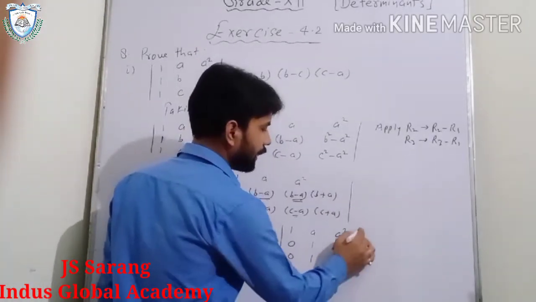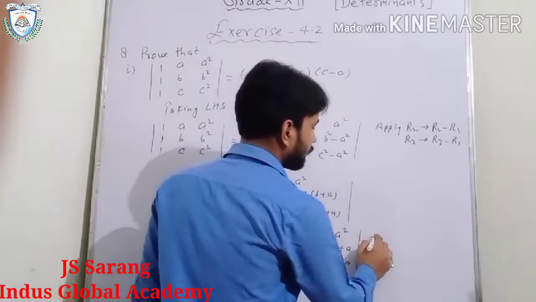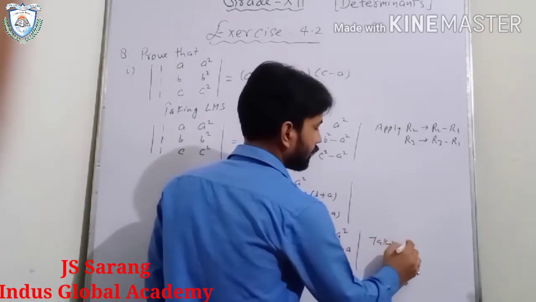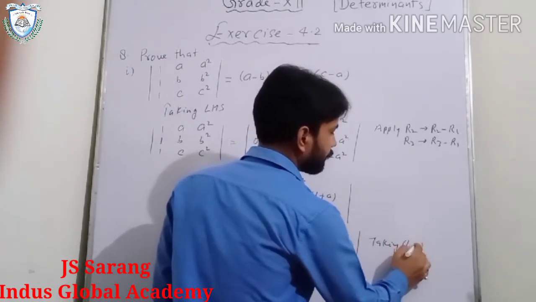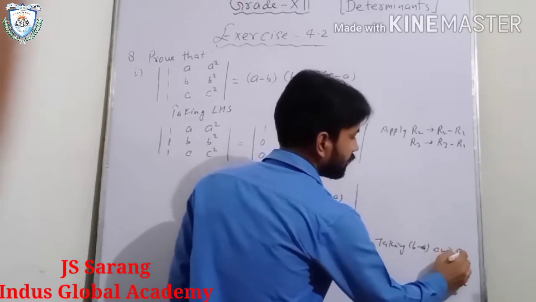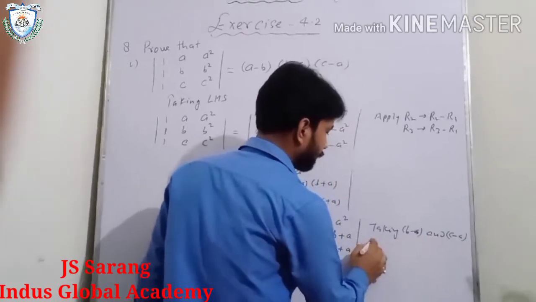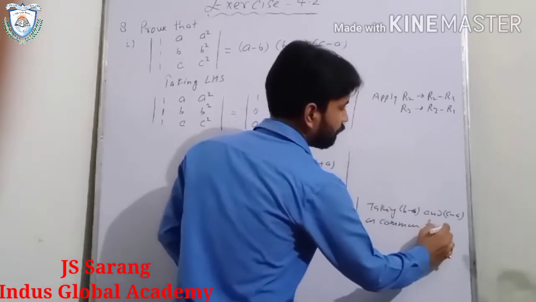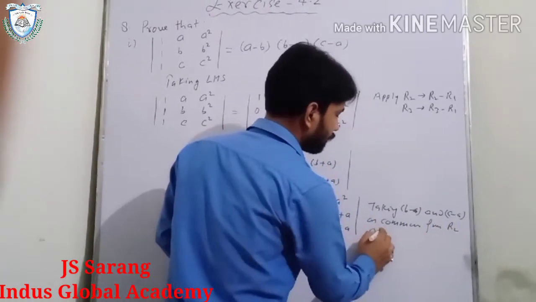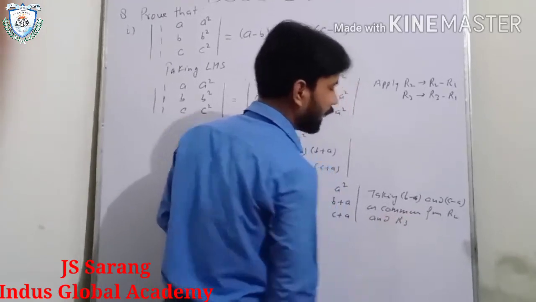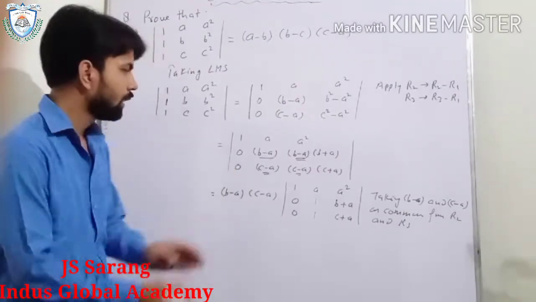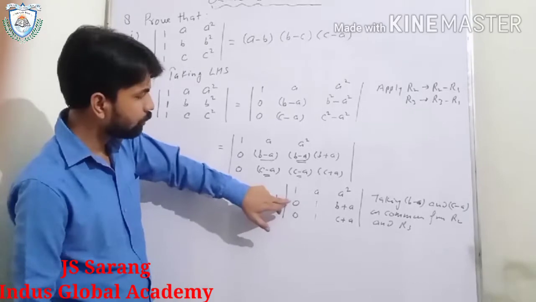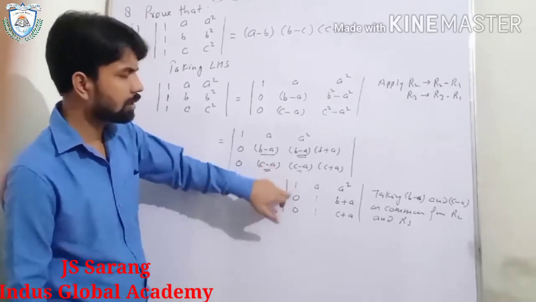C plus A. You have to write here taking B minus A and C minus A as common from R2 and R3. Clear? Now see, here most of the elements of first column are 0.